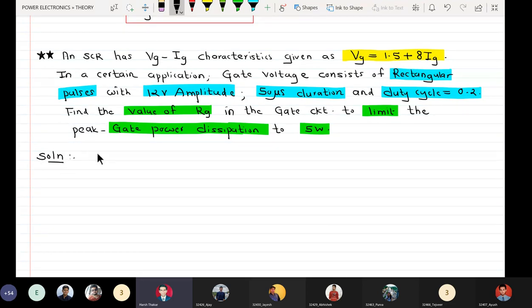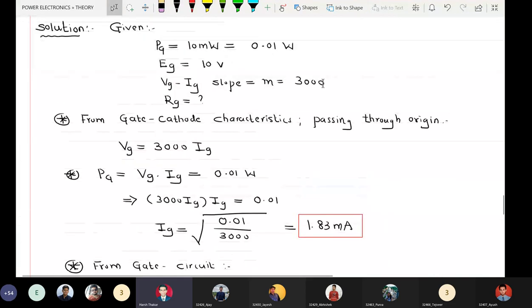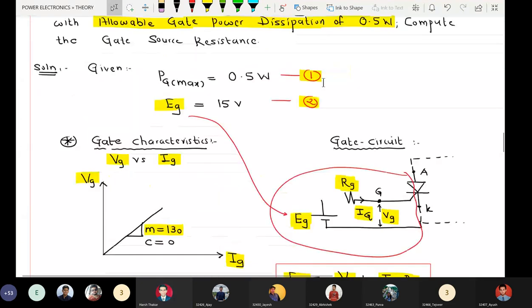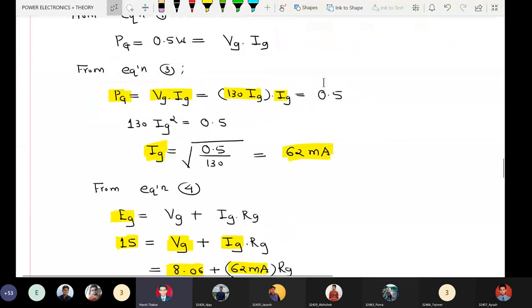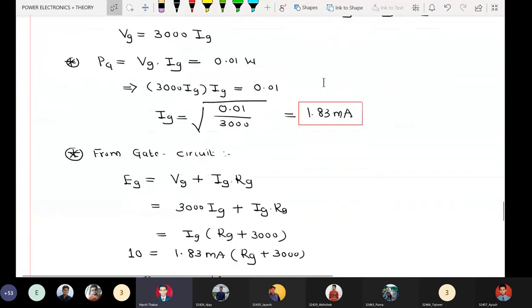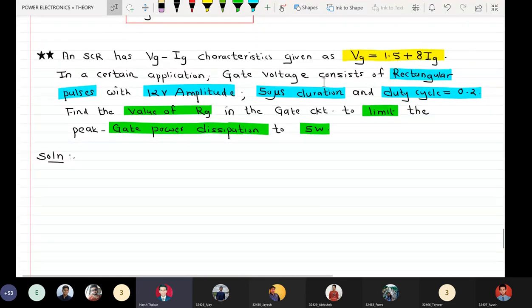In this numerical, the gate voltage or the trigger voltage is not directly given as 10 volt or 15 volt as in the previous two numericals. It is not a pure DC voltage, but has the form of rectangular pulses.